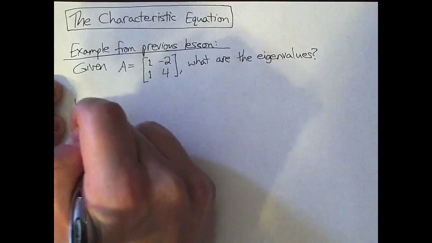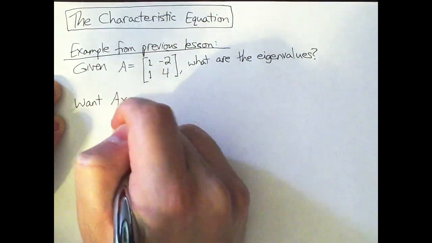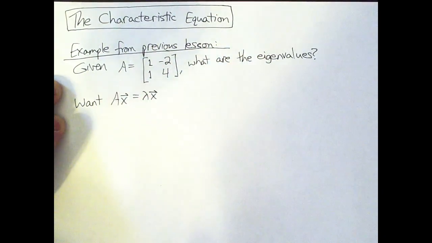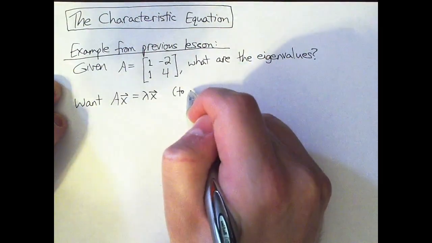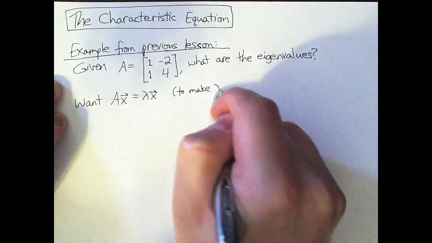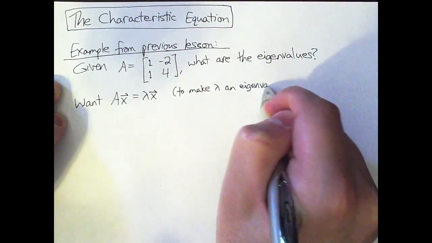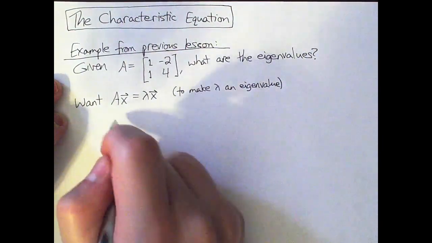In general, to be an eigenvalue, we want Ax equals lambda x. That would make lambda an eigenvalue, and then x would be an eigenvector. Well, what did we do?